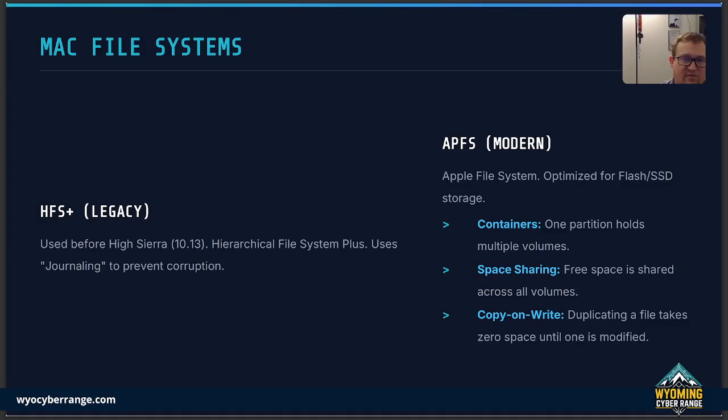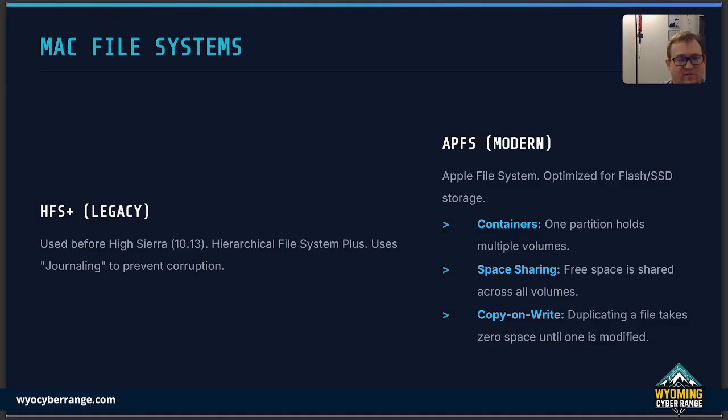Now, the Apple file system, on the other hand, is optimized for flash and SSD storage. This is the reason it was originally developed, because the old system, HFS, just killed SSD drives and flash because of this journaling system that wrote the same sectors over and over and over. So it introduced several new concepts. Instead of a rigid partition, it uses containers that can hold multiple volumes. Free space is shared dynamically across all volumes within a container.